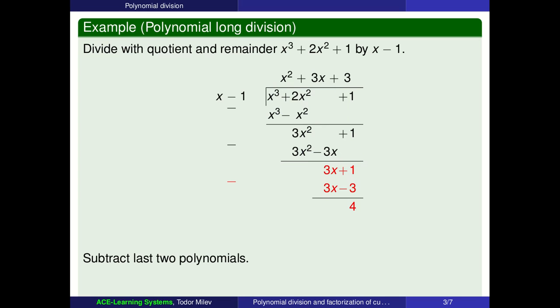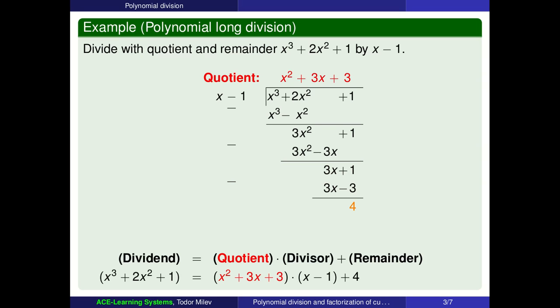Now, how do we interpret our division tableau? What we see here, the number 4, is called the remainder. The polynomial that we see written here is called the quotient. So how is this interpreted?